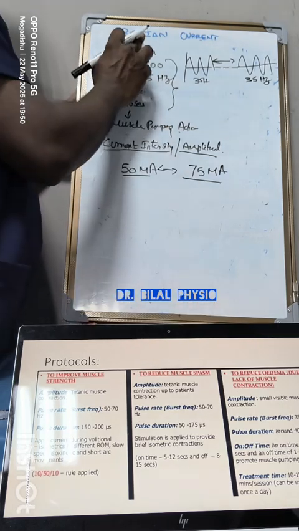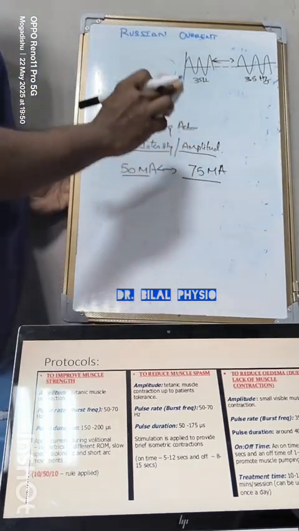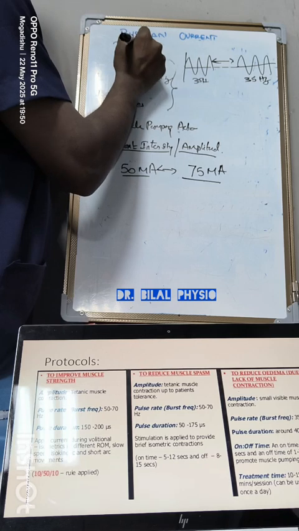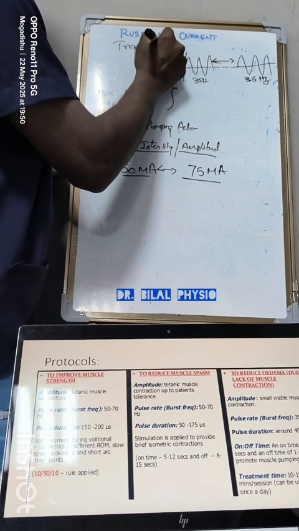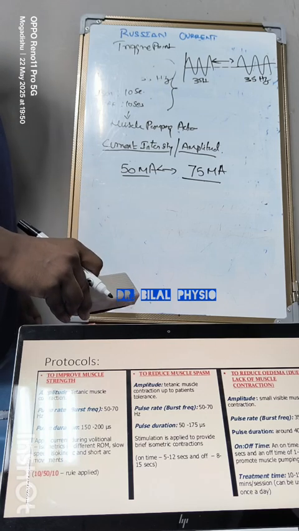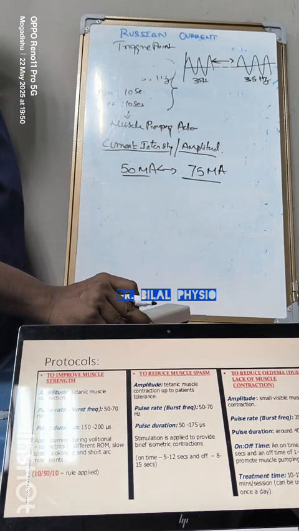Another condition we are going to use it for is trigger point. It's nothing but hyper irritable taut bands in the muscle fibers.